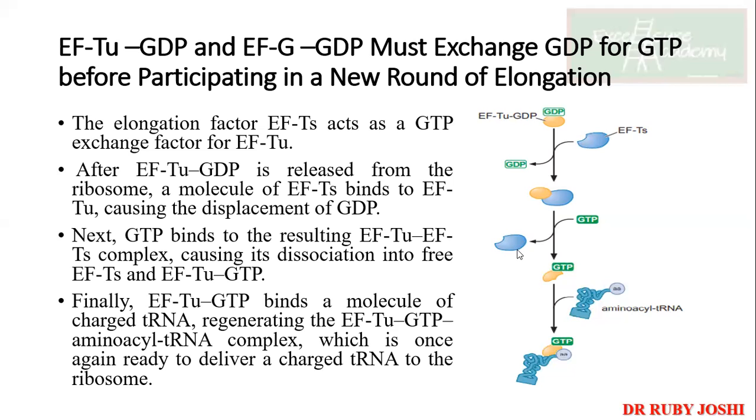Once GTP comes, your EFTS gets removed, and now your EF2 is ready with another GTP to recruit the aminoacyl charged tRNA for the next round. Clear? Simple. The work of changing the GDP of EF2 and G from GDP to GTP is done by the elongation factor TS.